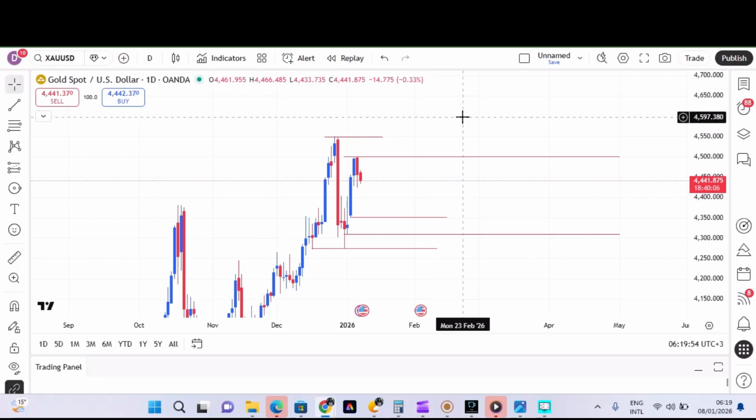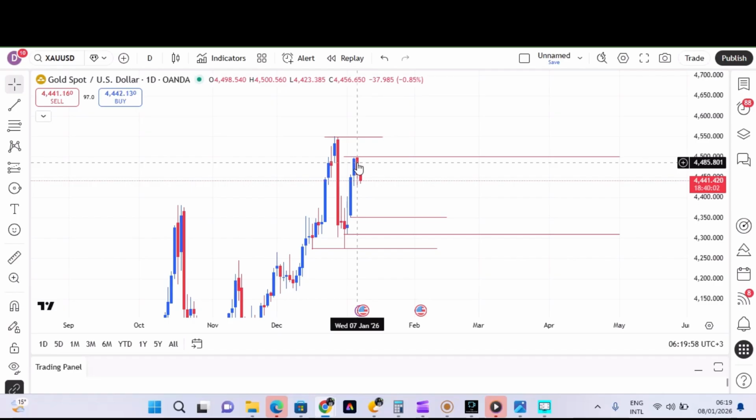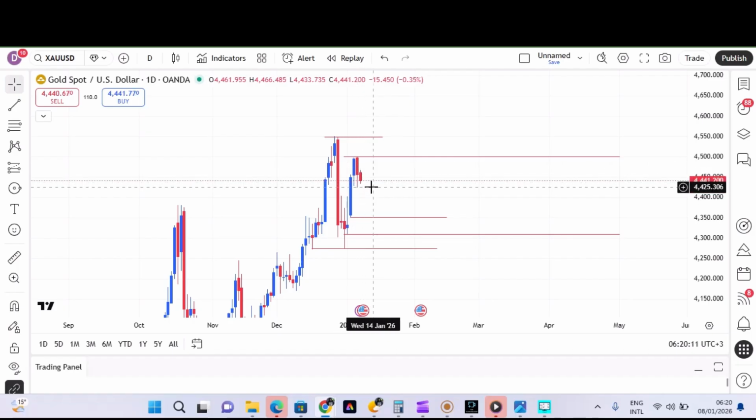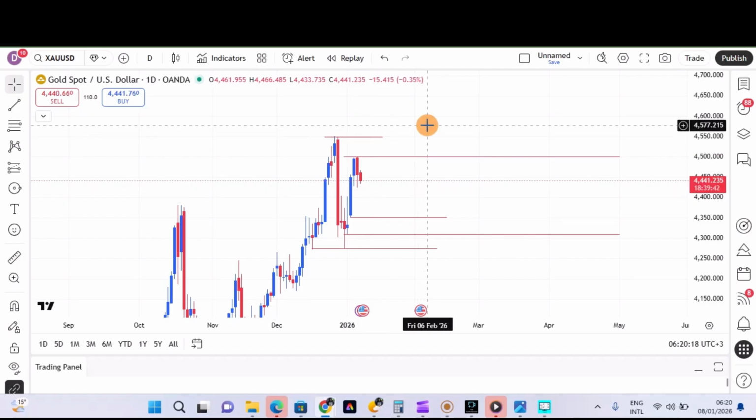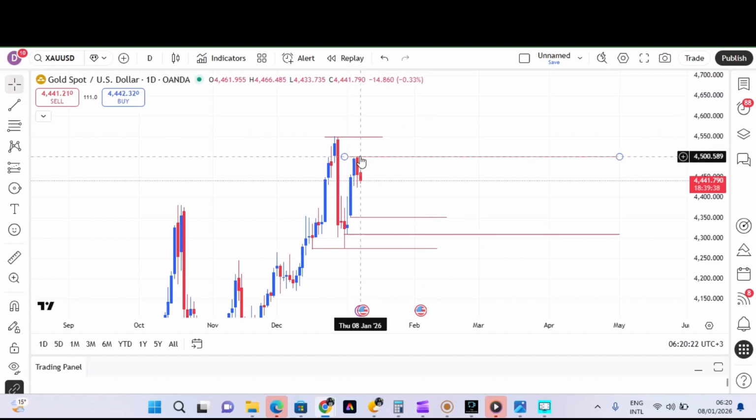Just like yesterday when we analyzed the market, we saw a bearish candle opening for gold, and indeed gold dumped almost up to 44.20, reaching around 44.23.